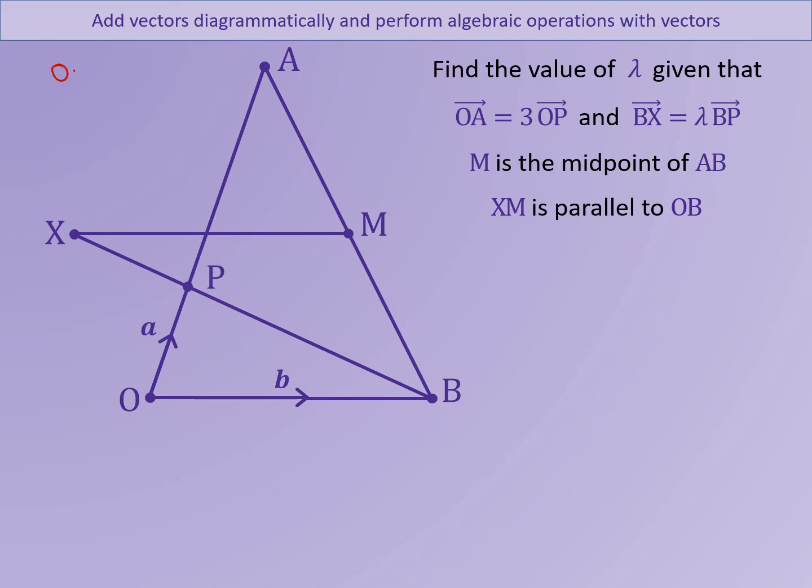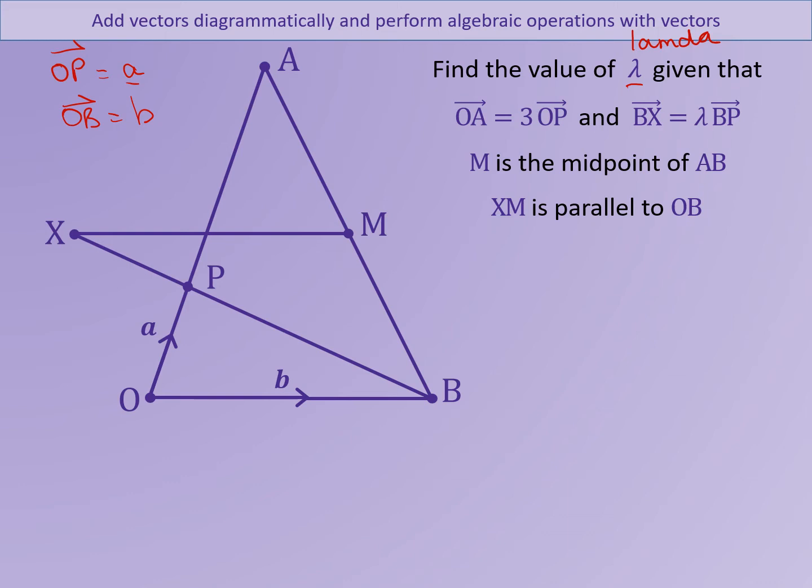So just a couple of things to point out just before we get started on this problem. OP has a length of A and OB has a length of B. Now, looking at the information that is given on the right hand side, we're asked to find the value of lambda. Now, that is a Greek letter and it's just going to note a multiple, it's going to note a number. And where does that number come from?